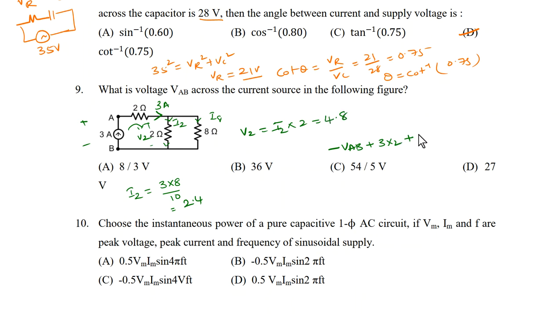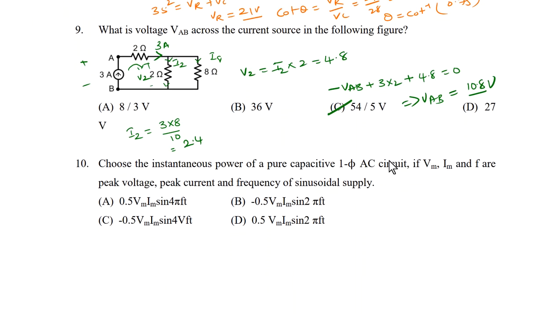Okay, so the voltage will be 4.8, and the sum is equal to 0. So from this VAB is 6 plus 4.8, that is 10.8. So among the options the matching answer will be 54 by 5 here. So 10.8 volts is the answer. Okay, 54 by 5 volts, both are the same.